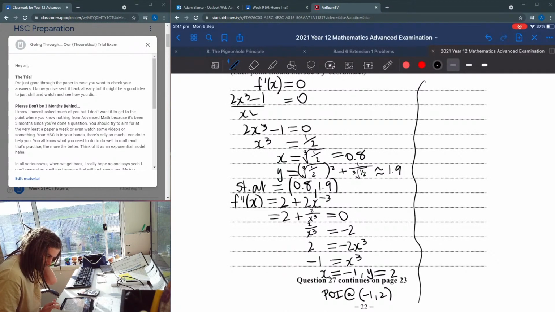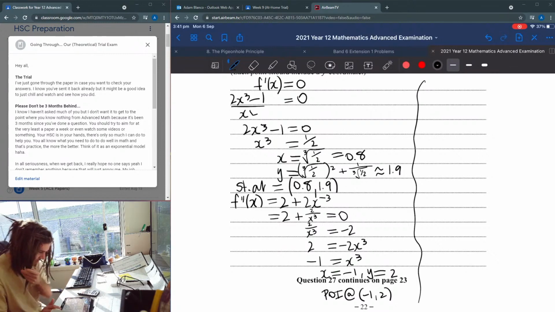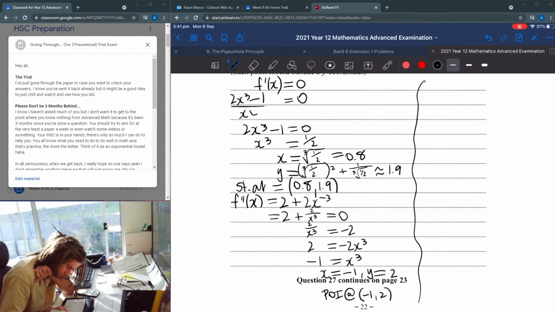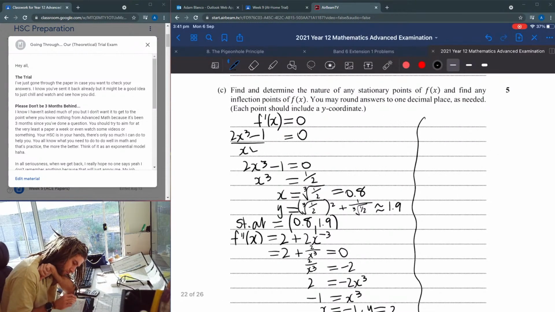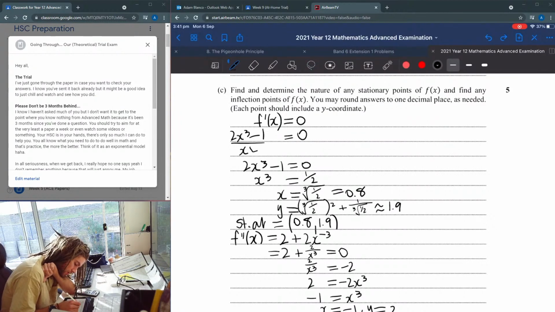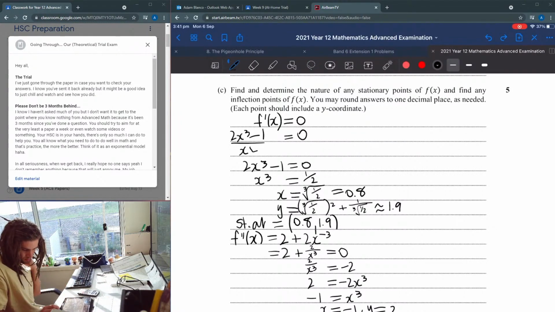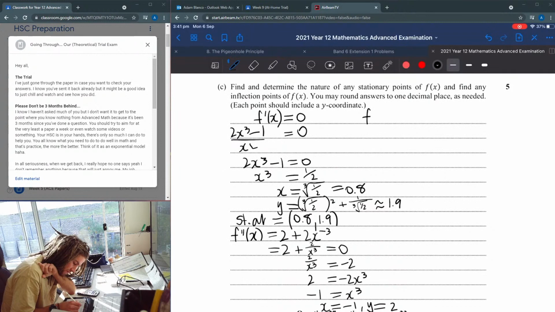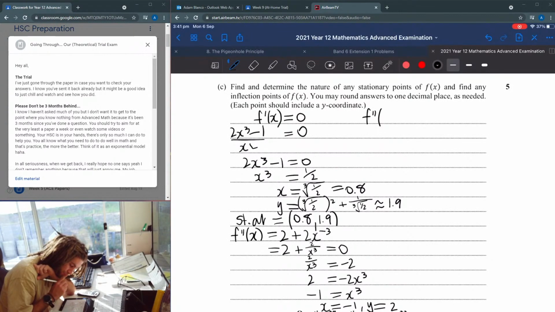Oh, I didn't even determine the nature of that first one. Okay. Let's get rid of that line that I just drew because it's annoying. So I'll put that in the second derivative. So f double dash of that.